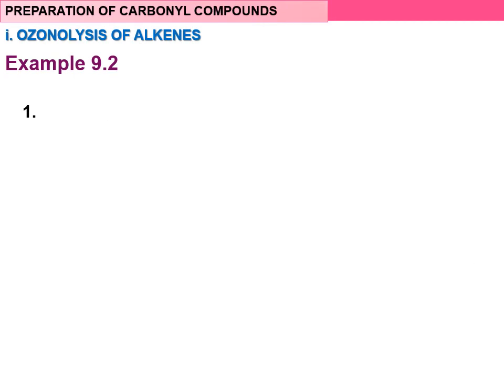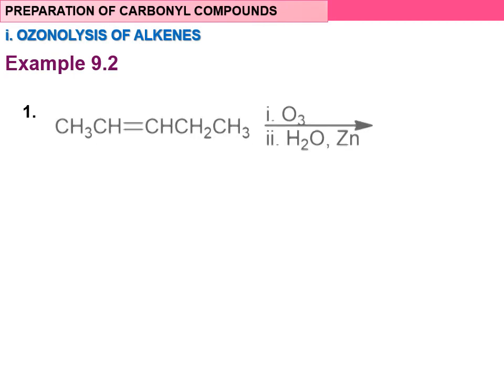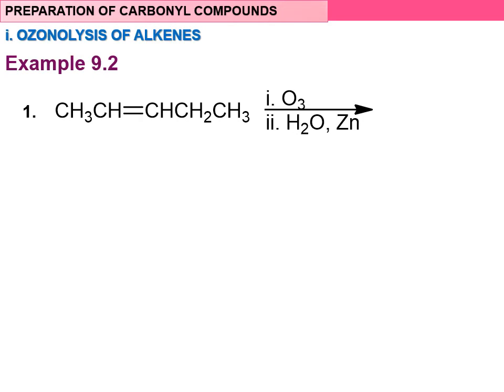So what we are going to do for question number 1 here is we need to redraw the condensed structure of this alkene to show what group or atom is attached to the alkene carbon. So the second carbon here is this one. Attached to it is a hydrogen atom, this one, and also a methyl group, this one.